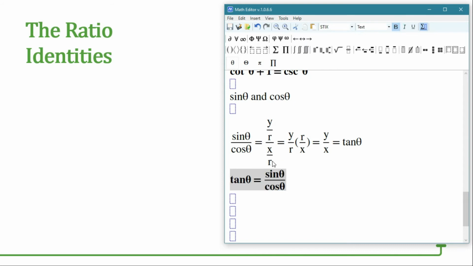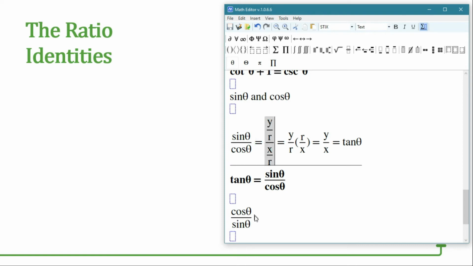Again, we can represent the tangent of an angle as sine of an angle over the cosine of an angle. And same thing goes if cosine is the numerator and sine is the denominator. So we copy this.